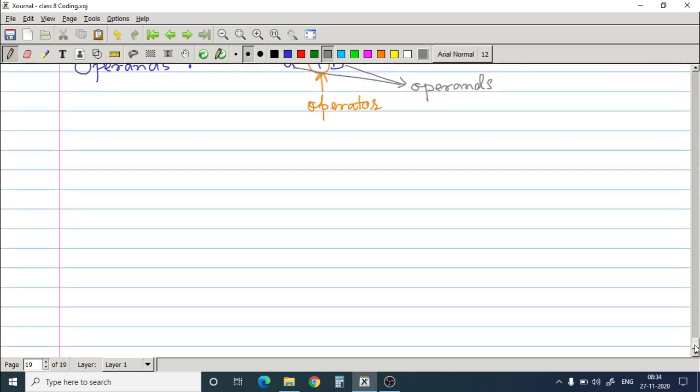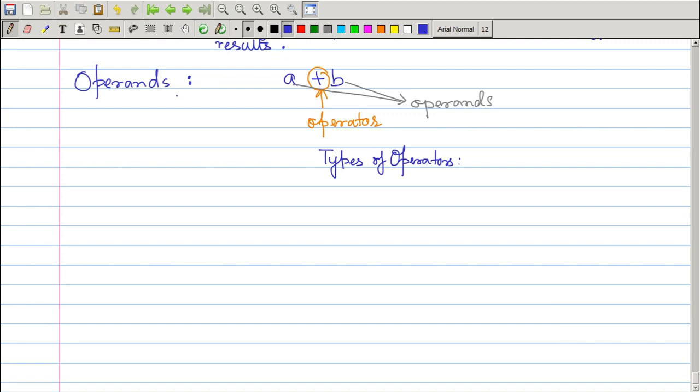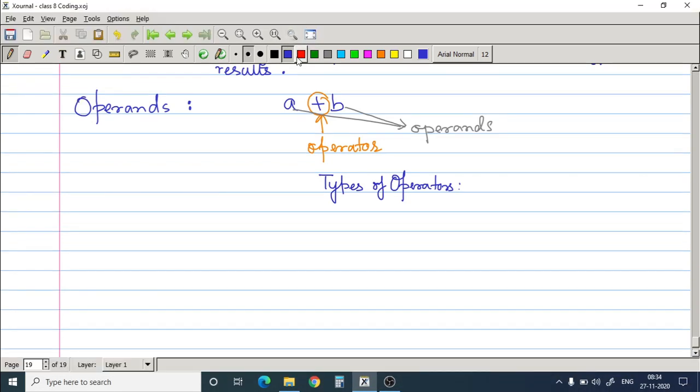Now, what are the different kinds of operators in Java? Types of operators. So there are basically two kinds of operators.